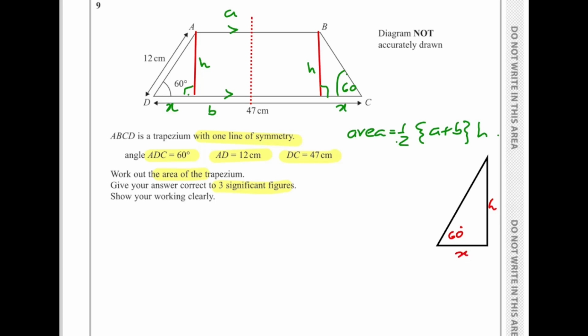Right? Now let's try to get the length. So if I use SOHCAHTOA, I know that this one is the opposite. This one is the adjacent. Depending on this angle, 60 degrees, we need to label opposite and adjacent.